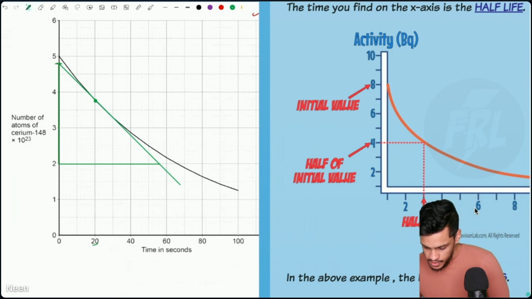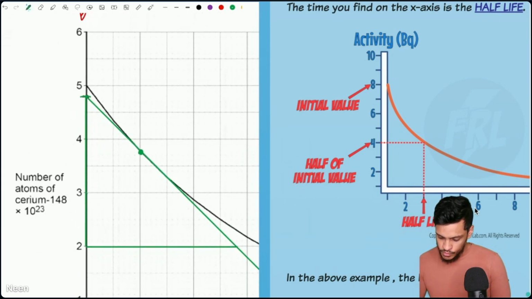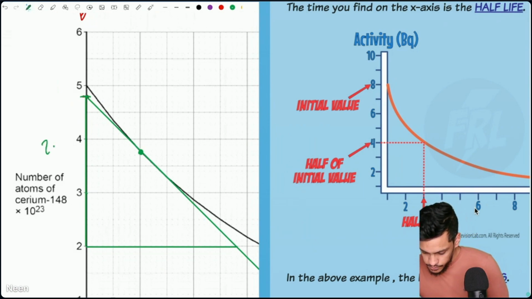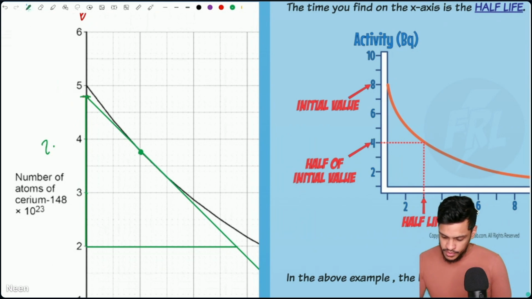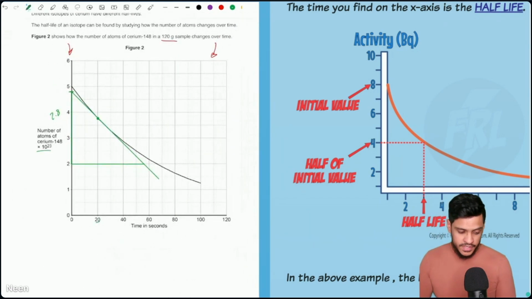So what's this height here? You're going from 2, going 1, 2, 2 point. I'd say that's about 2.8. So the height here is 2.8. Don't forget it's times 10 to the 23.